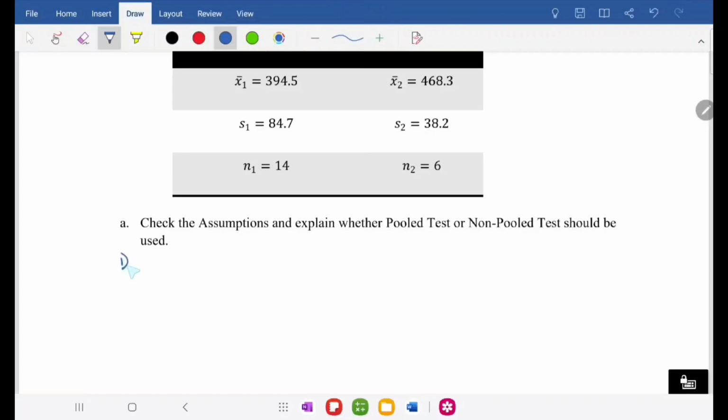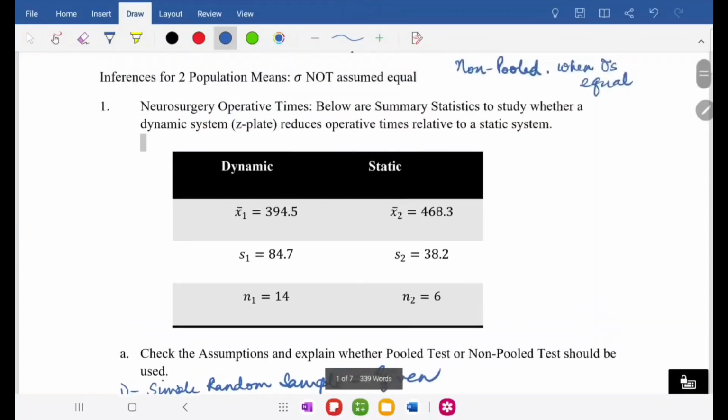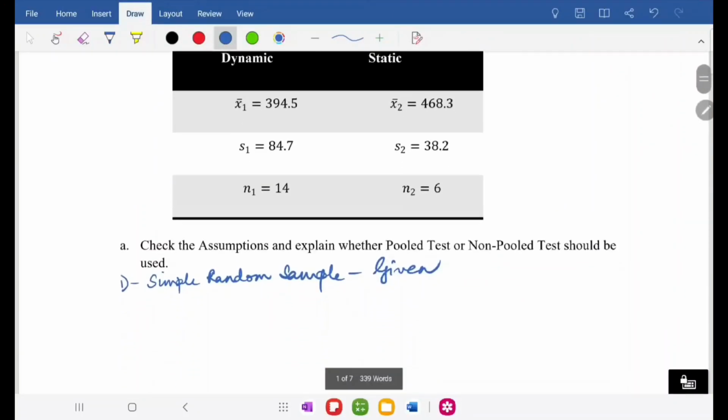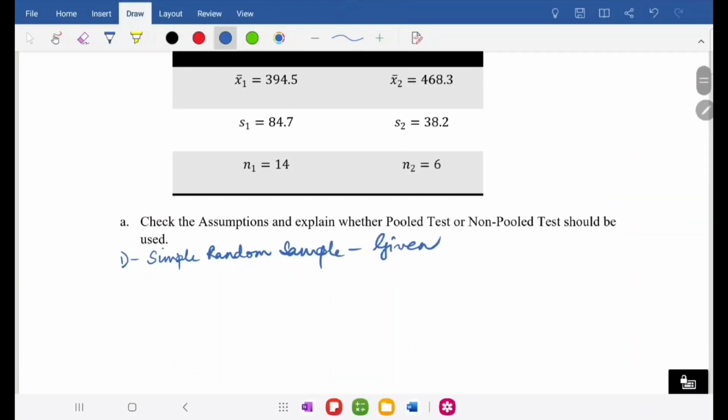The first one says it should be a simple random sample, all right. Now, that should be given. So I'm just going to say it's given in the problem. It doesn't say here, but it's a problem from the book. The book has details on what the problem is about, and there it says it's a simple random sample.